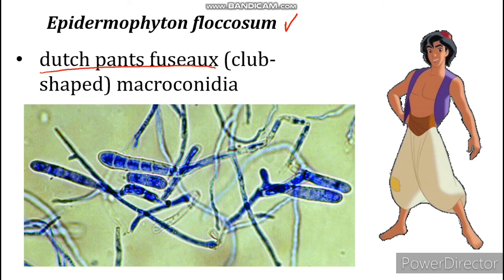Hindi ko alam yung proper pronunciation for this one. It's a club-shaped macroconidia. Yung tinutukoy niya yung Dutch pants, ito yung parang pants ni Aladdin. Sinabi to sa akin sa boards. Kasi kung hindi mo nga naman alam yung meaning ng Dutch pants, ano nga naman yung itsura? So, ito daw, yung pants daw ni Aladdin. Kasi nga naman, club shape siya. Okay?